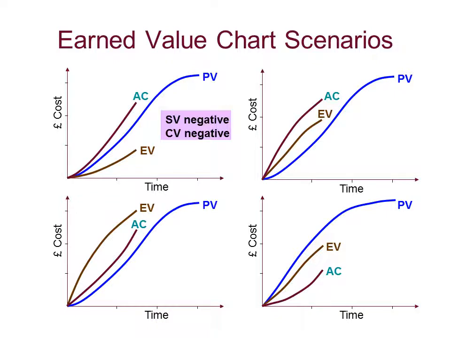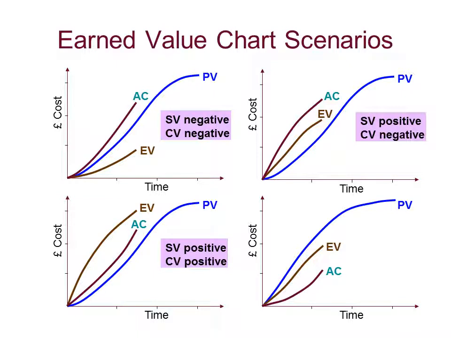You can see in the first one, schedule variance, which is earned value, is negative because it's below the line, and cost variance is also negative. In the next one, schedule variance is positive, cost variance is still negative, because cost is above what we planned to spend. Third one, schedule variance is positive, cost variance is positive because cost is below the earned value. Finally, schedule variance is negative, cost variance is positive.